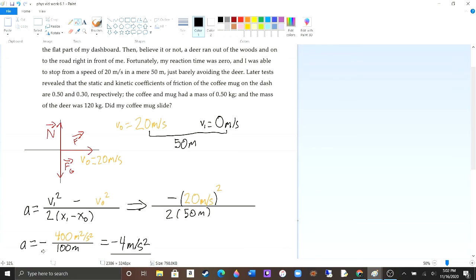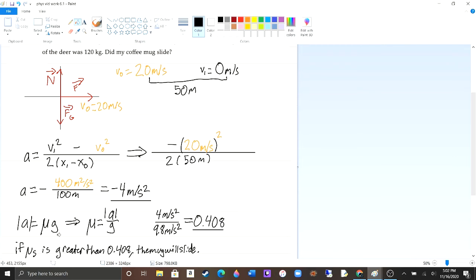And we can plug those both in, and we get an acceleration of negative 4 meters per second squared if we are going at a constant deceleration. So that's our acceleration. And then we have, this is also from the textbook, where our coefficient of friction times gravity equals our acceleration.